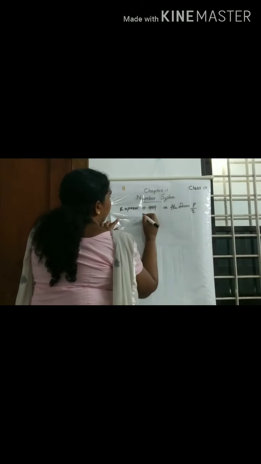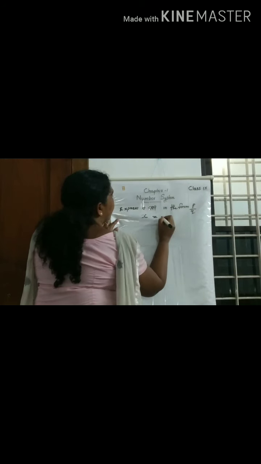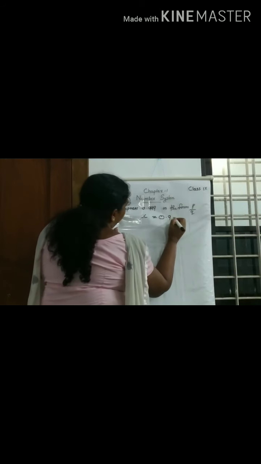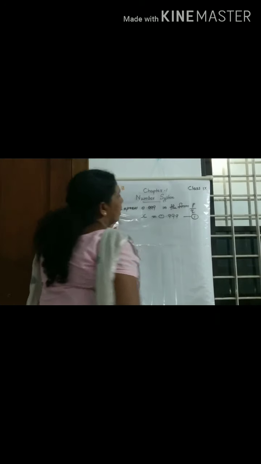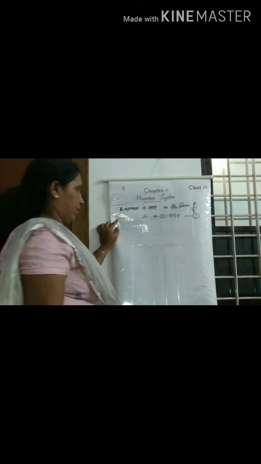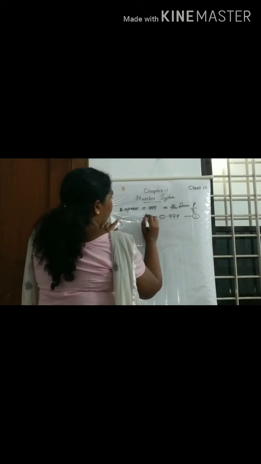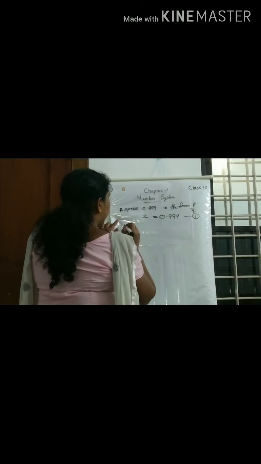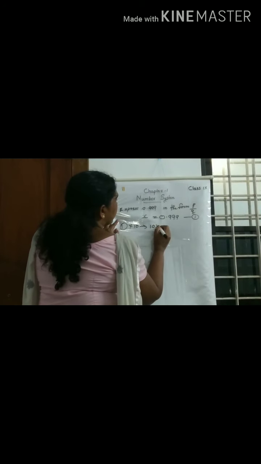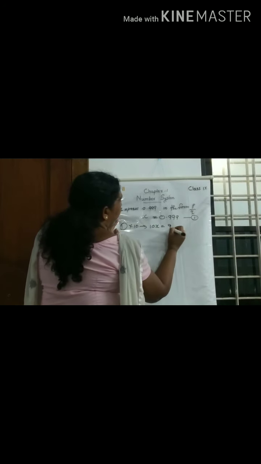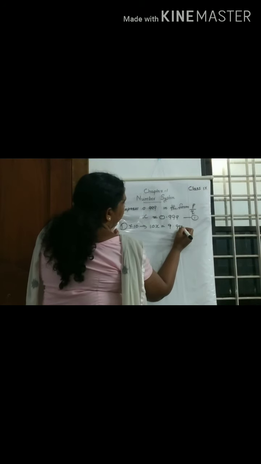See, x is equal to 0.999. We can call this equation number 1. Then you multiply it by 10. So equation number 1 into 10, that is 10x is equal to 9.99.